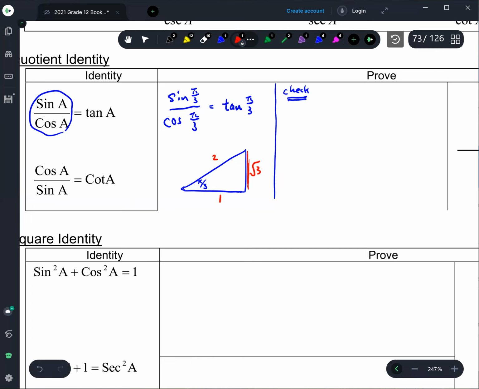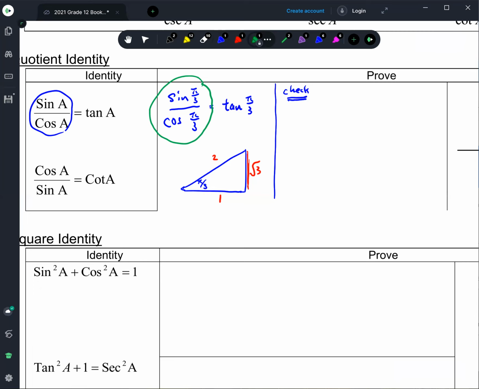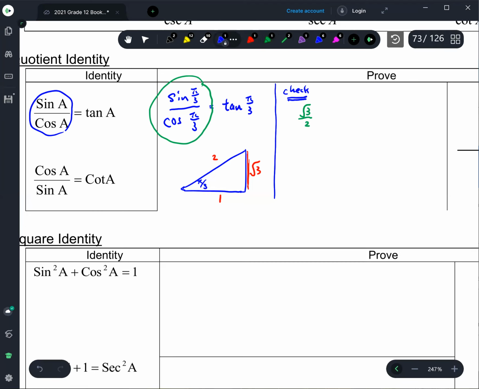So what we are going to do right now to check is we look at the left side, the green part. Sine of pi over 3 is root 3 over 2, opposite over hypotenuse. That's for the numerator, divided by cosine. Cosine of pi over 3 is 1 over 2.